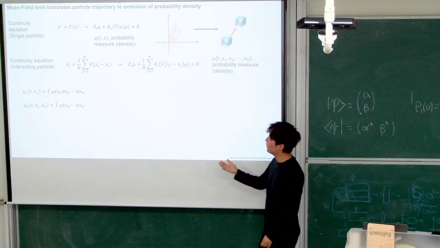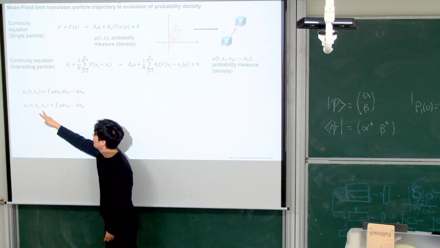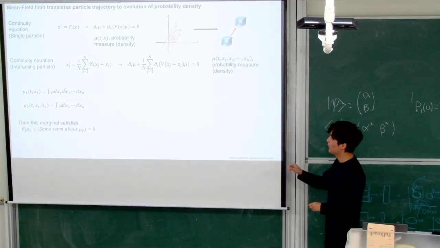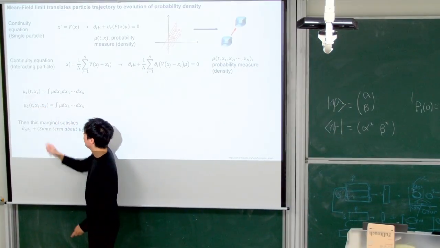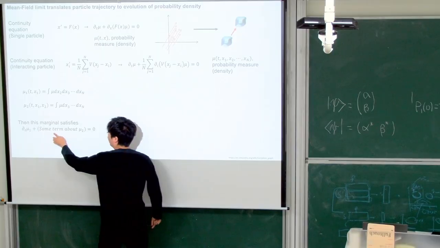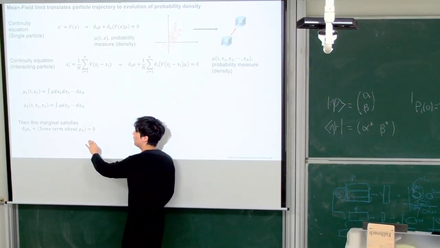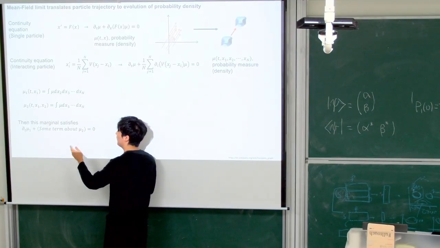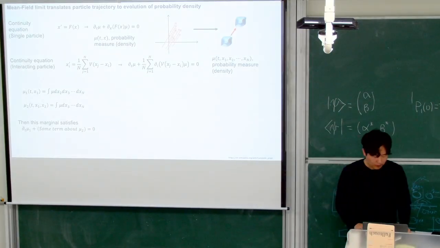Then you also need a second marginal, so you integrate over x3 to the remaining variables. You have a two-particle marginal distribution. Then if you write down the equation of this first marginal, you have something like a PDE which has mu1, but also some other term about mu2. So the equation is not closed in mu1. It is not an equation purely for mu1. You also have mu2, so you cannot reduce at this moment.